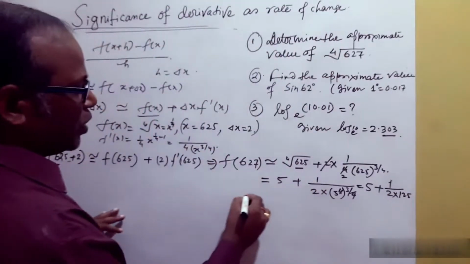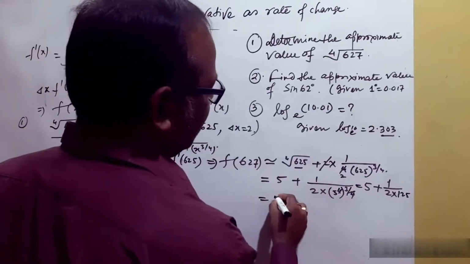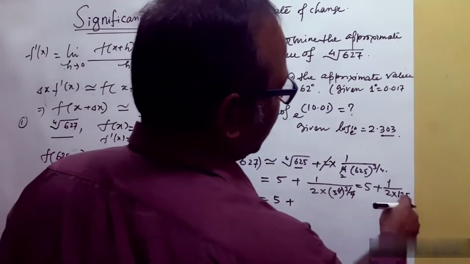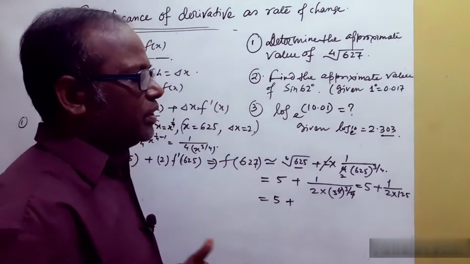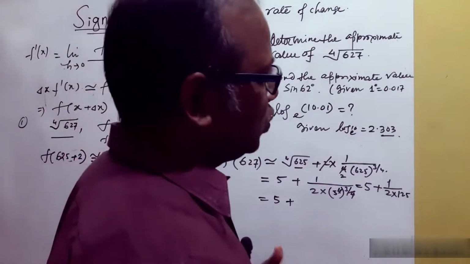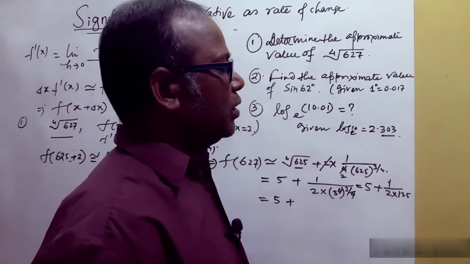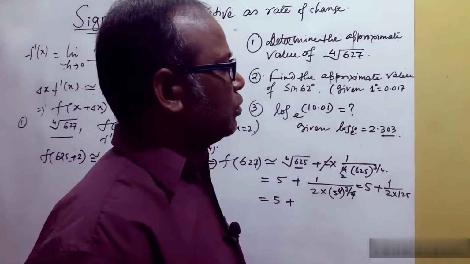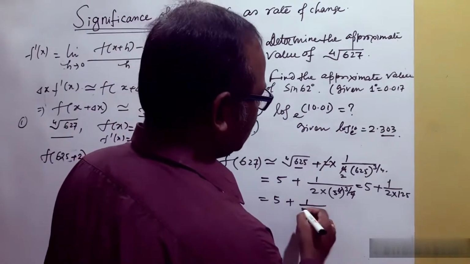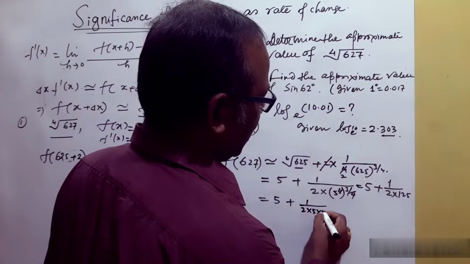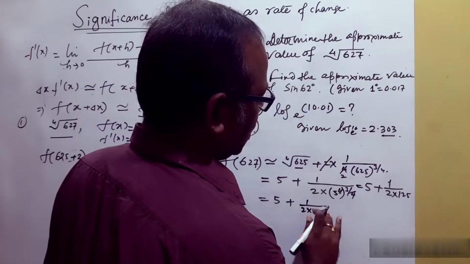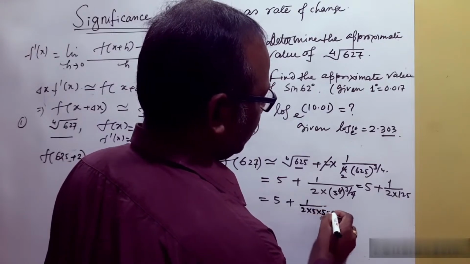By the technique of approximation, 5 multiplied by 2 gives 10, and again multiplied by 2 gives 20, and so on. This is 2 into 5 into 5 into 5 into 5.